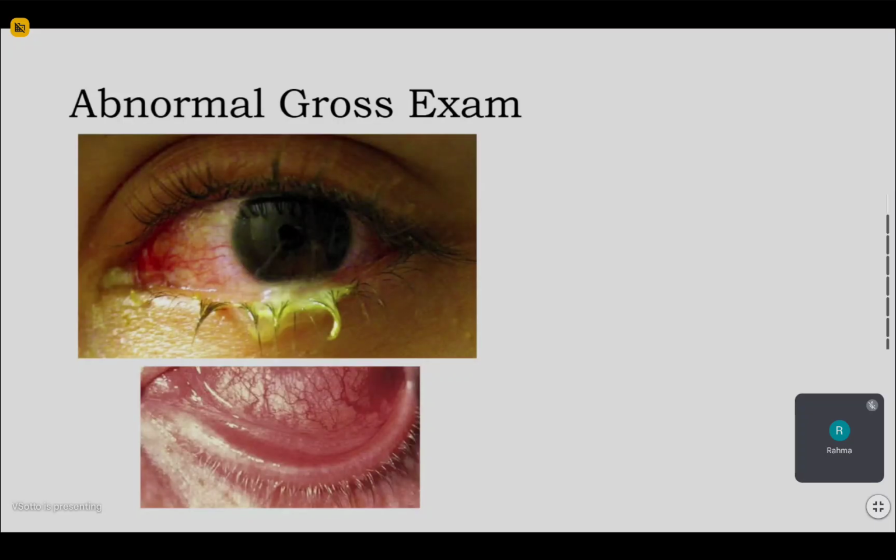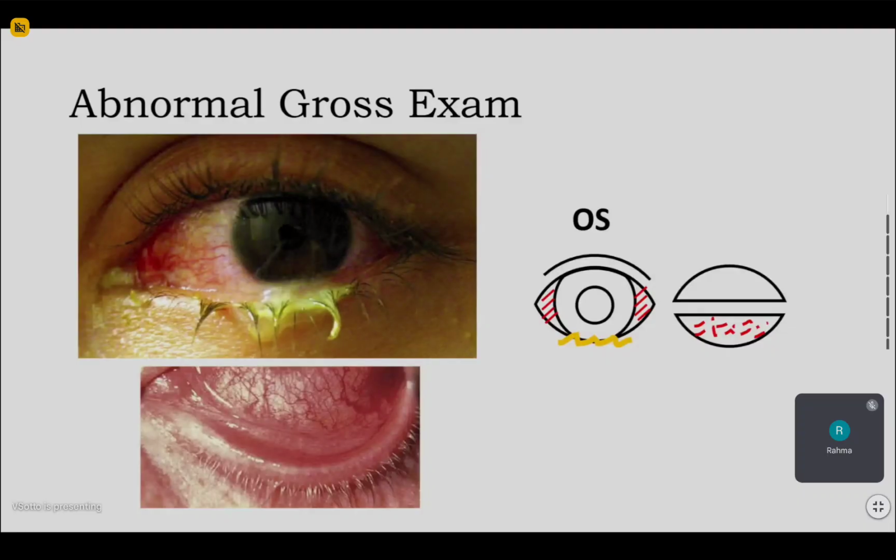So there are lots of variations or deviations from the normal. So you can just do your best in illustrating what you see. So for this patient who has a red eye, you can just make use of whatever red ink you have to color that area as red.